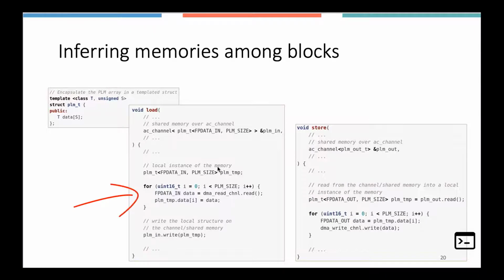We have to iterate over this local instance and read data from the DMA channel, and only finally write the local instance back into the PLM. The same applies for the store phase, where we read the output PLM into a temporary copy and use this copy to transfer data back to memory. In both cases, the temporary copy will not be present in the generated RTL, and there will be only one shared memory structure between the top module and the sub-modules.